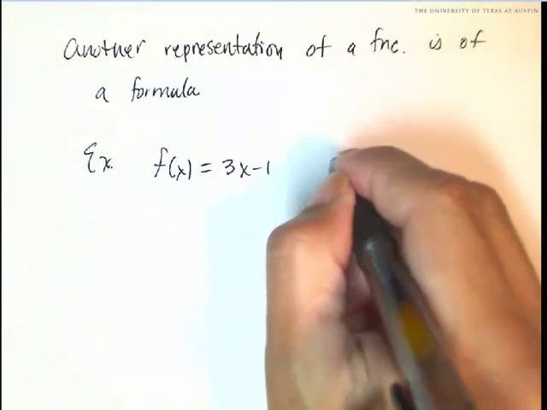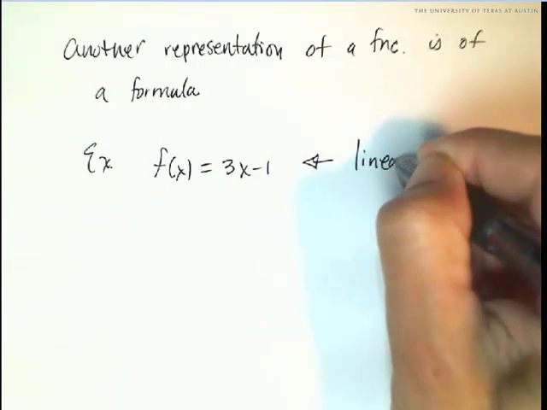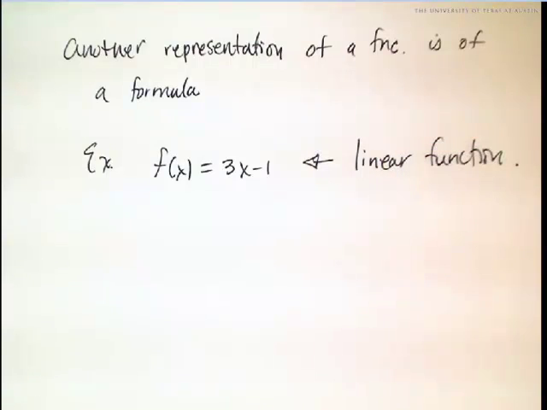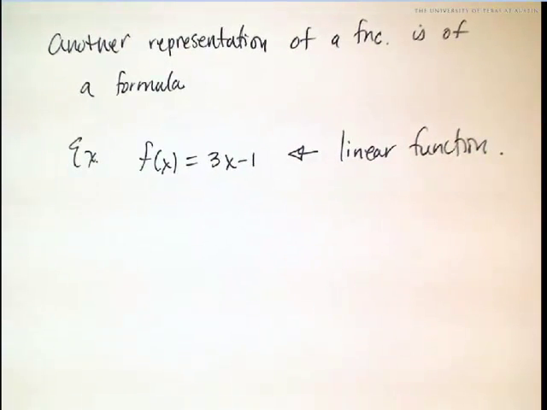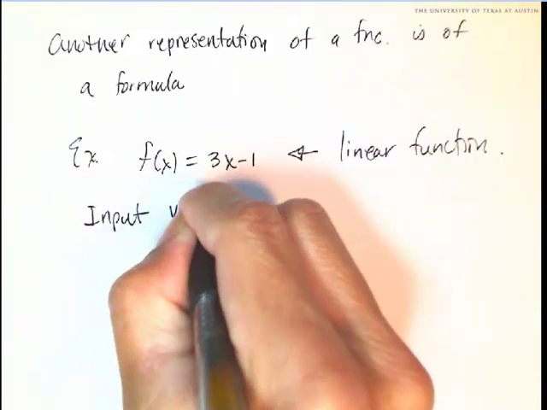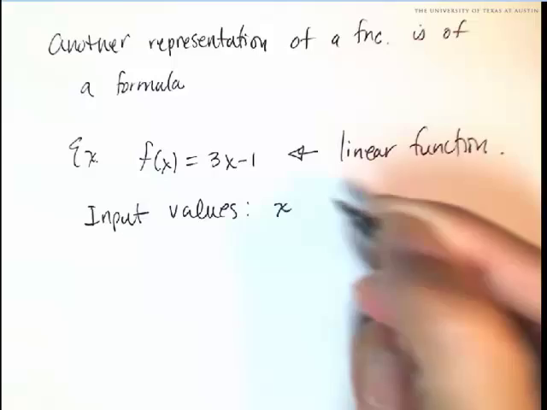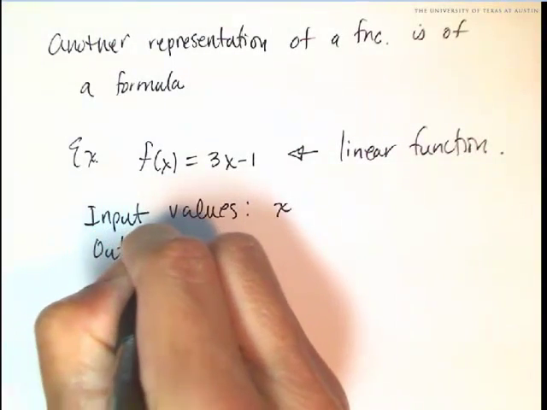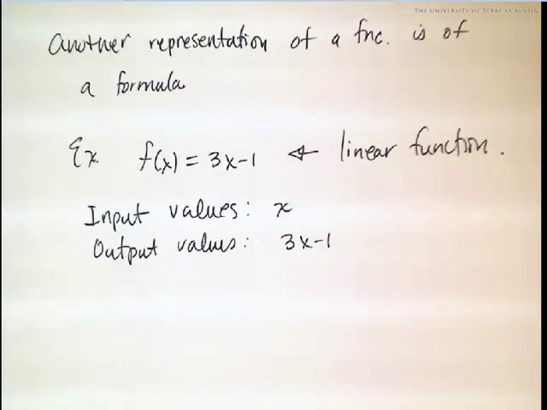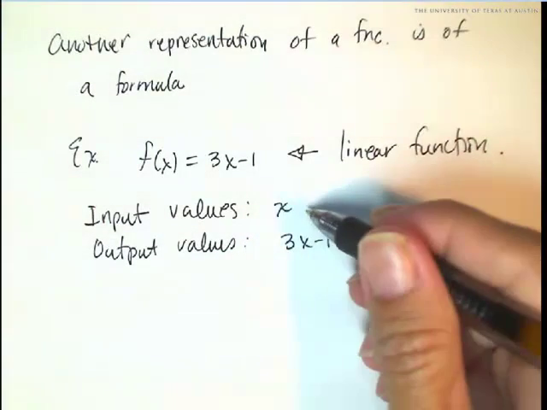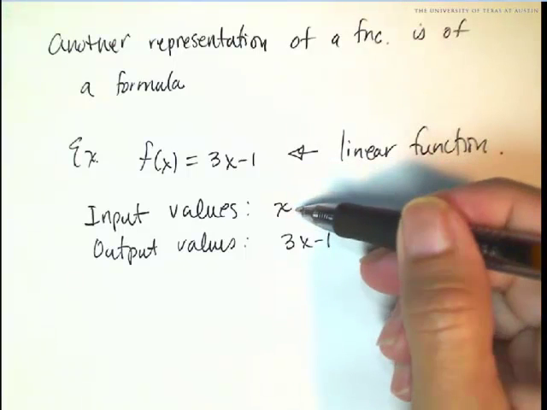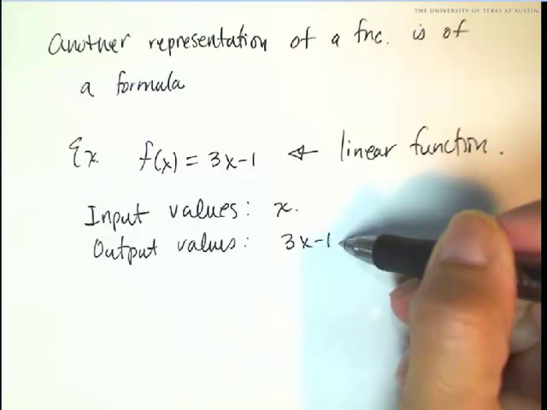You all probably recognize this as a linear function. Okay? And in this case, my input values are the x's, and my output values are 3x minus 1's. So given my x that goes into this function, out comes 3x minus 1. For each input, there's exactly one output.